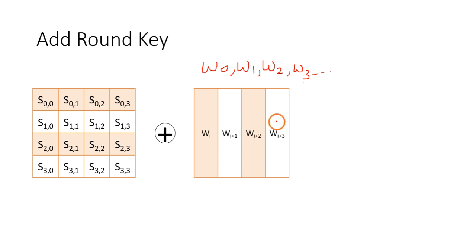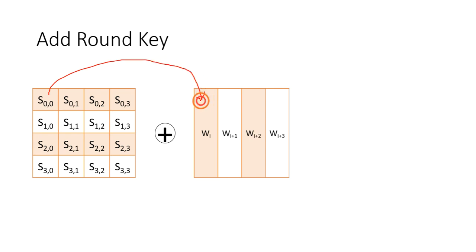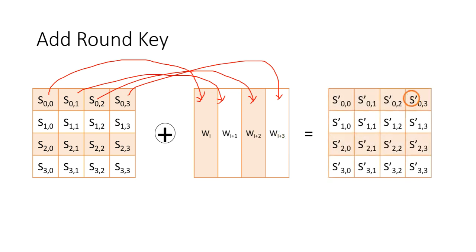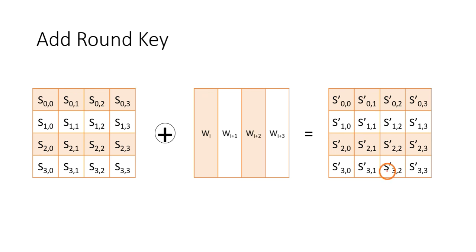So each round gets four keys, which is why this is i plus 1, i plus 2, and i plus 3. Now you take the first column XOR with W1, second column XOR with W2, third column XOR with W3, fourth column XOR with W4, and so on. The result is placed into the output state. That's all. So this is add round key.